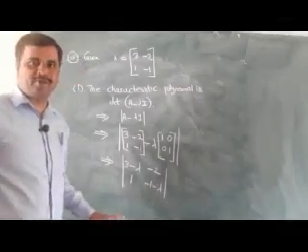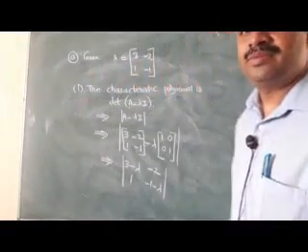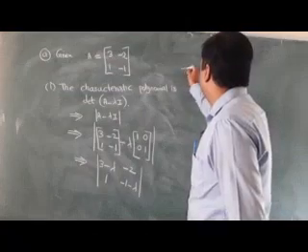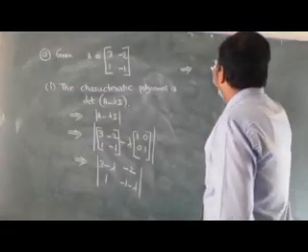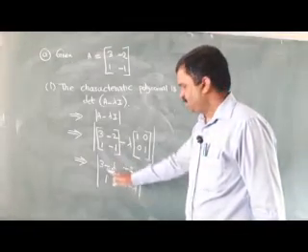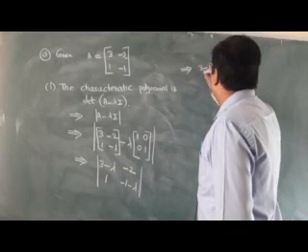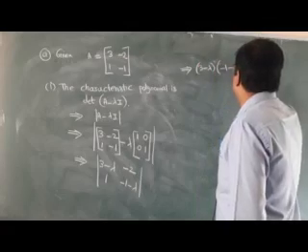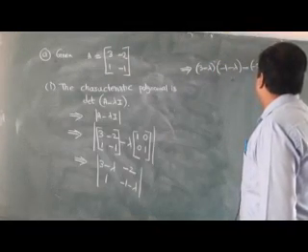Simply we have to find the determinant, AD minus BC. That is (3 minus lambda) times (minus 1 minus lambda) minus (minus 2 into 1).